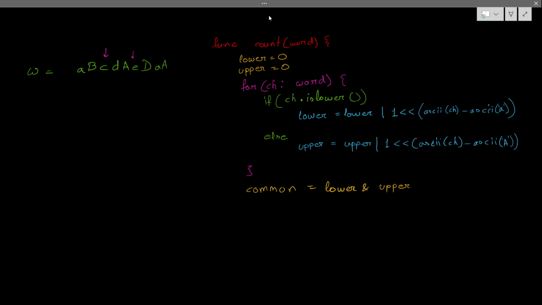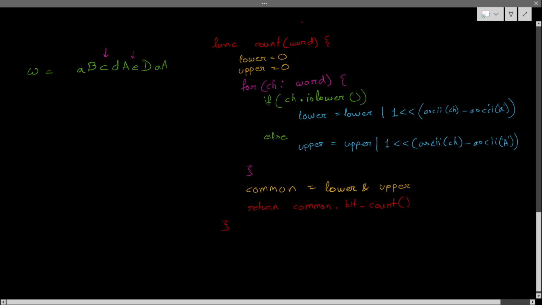And in the end, what will I return? Return the common bit count, the number of bits set in common. If there is a function bit count, obviously there will be some function. Use that function according to your language. This is the case, so let me give you a diagram.